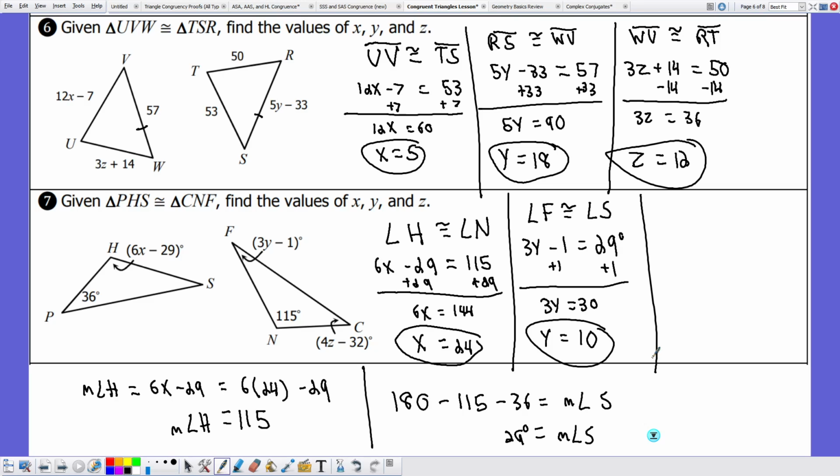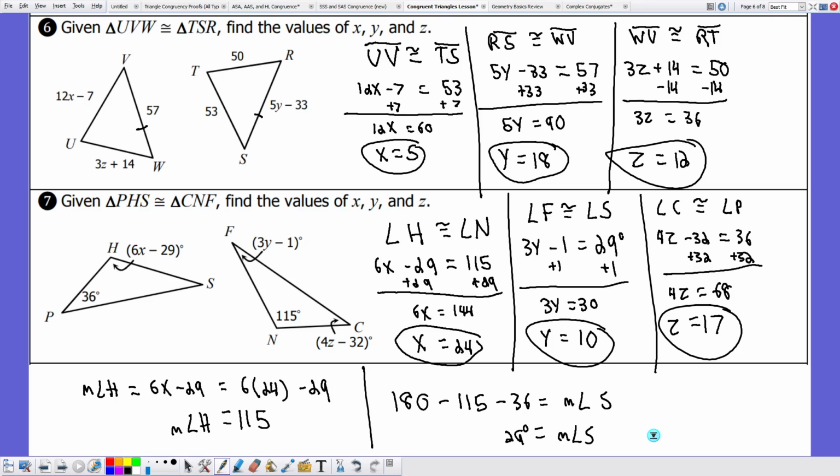Finally, the angle with z in it is angle C. C is going to be congruent with the angle at P. Substituting in, we have 4z minus 32 is equal to the measure of angle P, which is 36. Add 32 on both sides to get that 4z is equal to 68, which means that z is equal to 17.